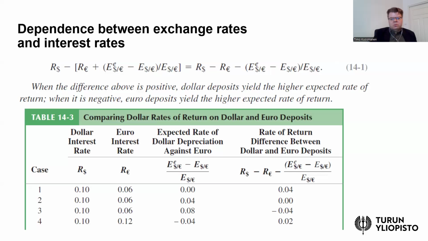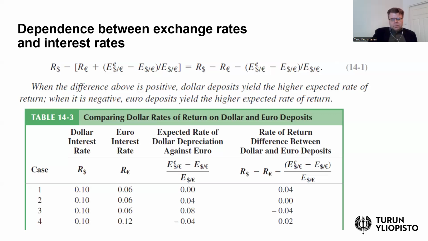This equation indicates the formula that a rational investor would consider. But let's look at Table 14.3 from the Krugman et al. textbook to illustrate the comparison with four numerical cases.